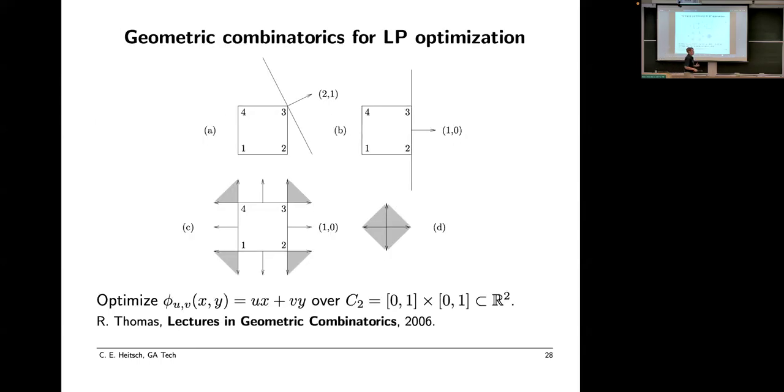If you're not familiar with this concept, the idea is I have a linear program, defined by a normal vector to the hyperplane, and I'm thinking about optimizing that over a convex body.